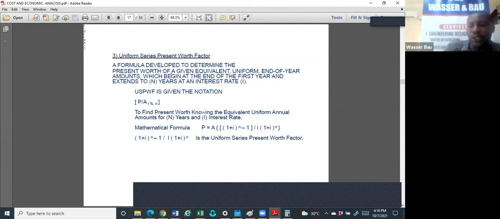Before you do water reticulation, the first thing you do, you must do what we call population projection. You must project your population to the future, and it is that future value that you use to do your calculation. That's why if you're designing a project, you must define the lifespan of that project, because the lifespan will help you to know the population equivalent to be used in the case of water.